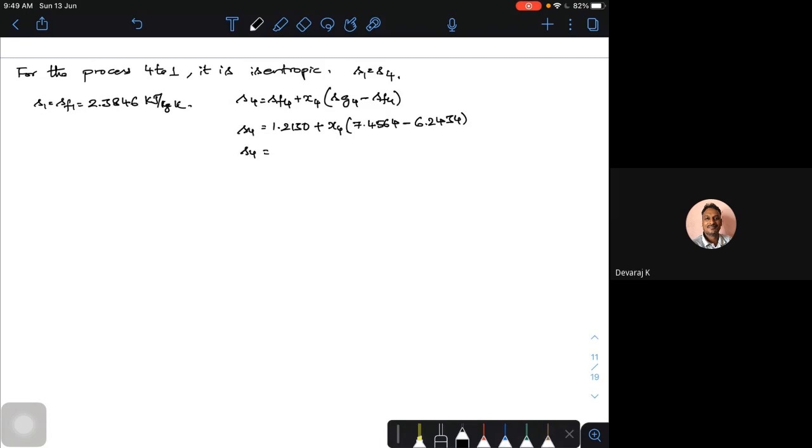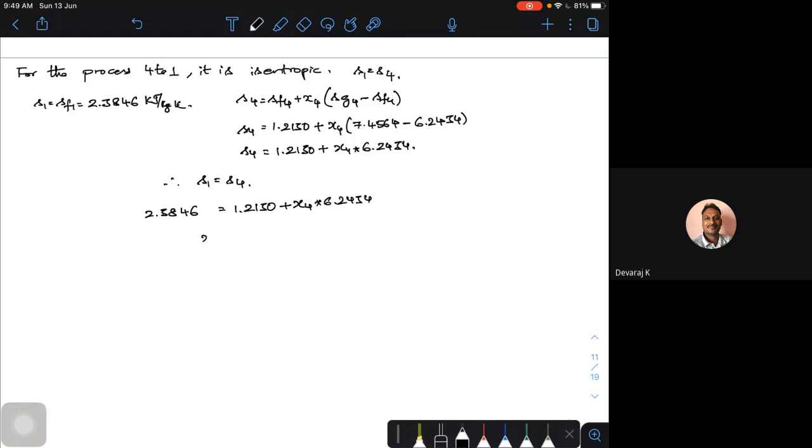6.2324, and I'm going to equate it. I'm going to get S4 is equal to 1.2130 plus X4 into 6.2434. Now I'm going to equate it. Therefore, S1 is equal to S4, that is 2.3846 is equal to 1.2130 plus X4 into 6.2434.